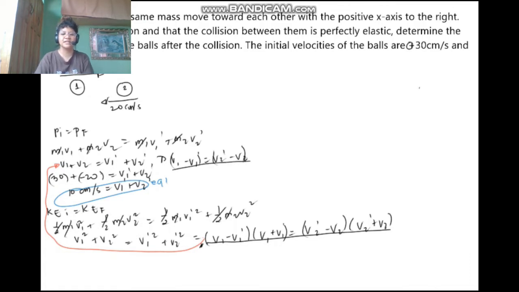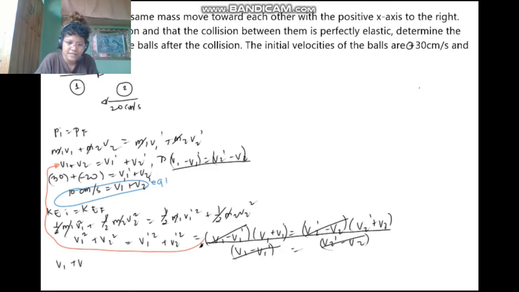So we can use this to divide. We can put v sub 1 minus v sub 1 prime is equal to v sub 2 prime minus v sub 2. And right off the bat, we can cancel this and this. And what's left is v sub 1 plus v sub 1 prime is equal to v sub 2 prime plus v sub 2.